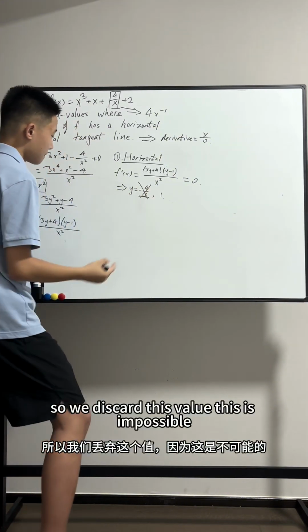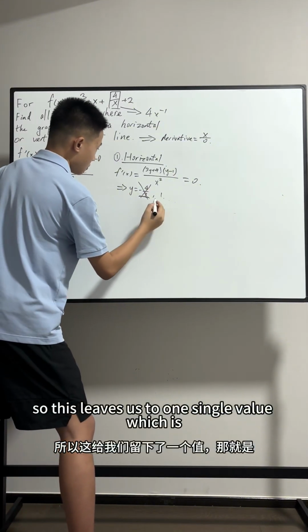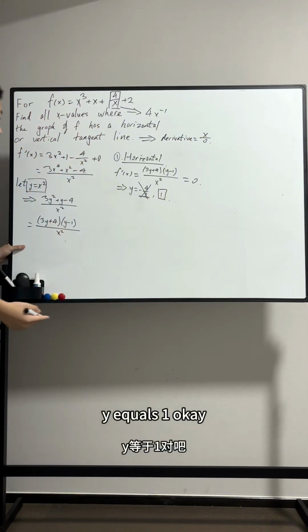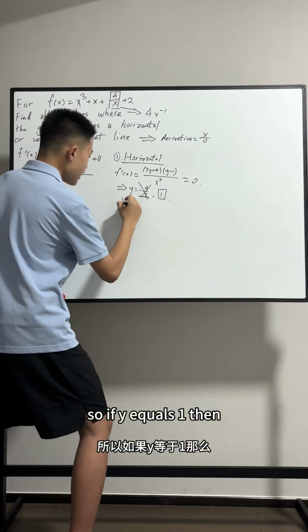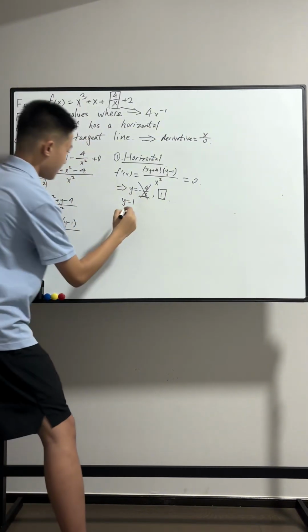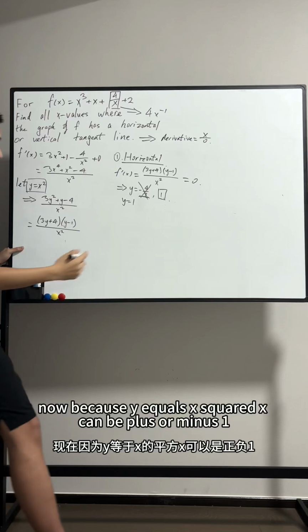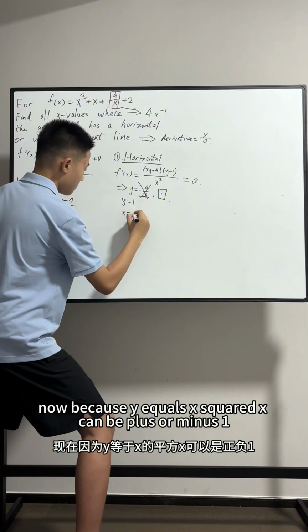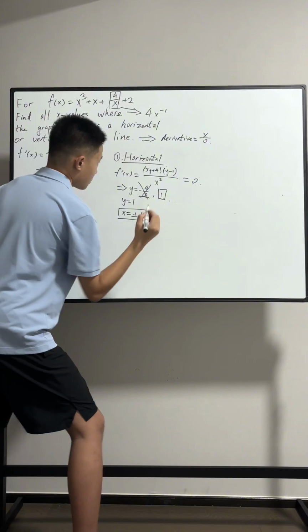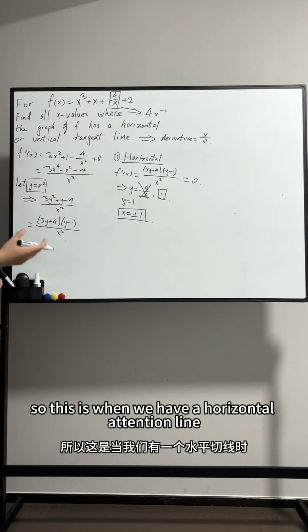This leaves us with one single value, which is y equals 1. So if y equals 1, then what's x? Because y equals x squared, x can be plus or minus 1. So this is when we have a horizontal tangent line.